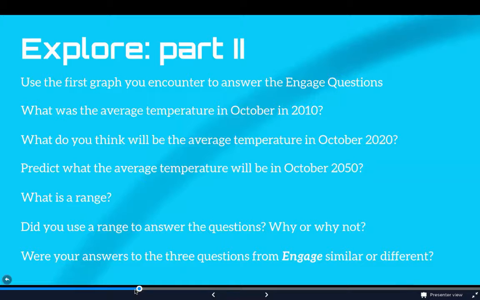So if I use a range to answer the questions, well, maybe that's because I'm not certain what the actual number will be. Maybe that's a place where, as a student, I can explore what it means to have uncertainty in a given measurement.